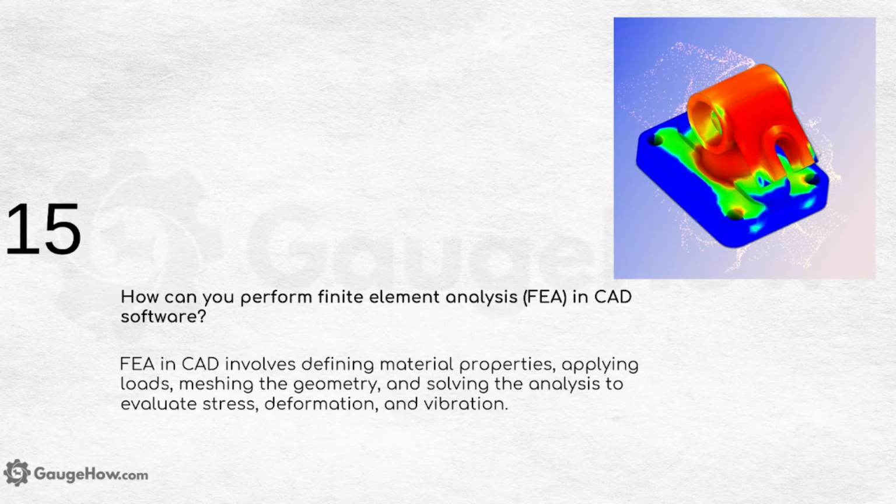FEA in CAD involves defining material properties, applying loads, meshing the geometry, and solving the analysis to evaluate stress, deformation, and vibration. And trust me, guys, you can also see the simulation of how this analysis works in CAD. So it is that easy to understand how stress and deformation work with a certain product.